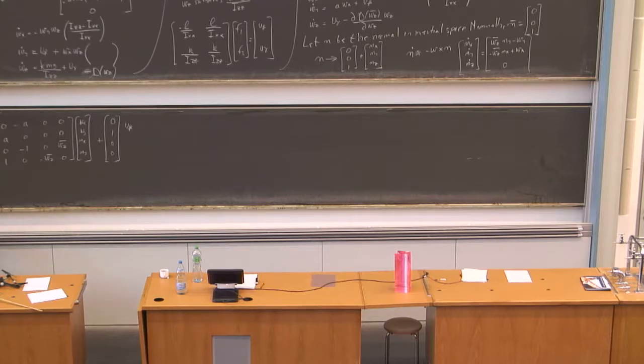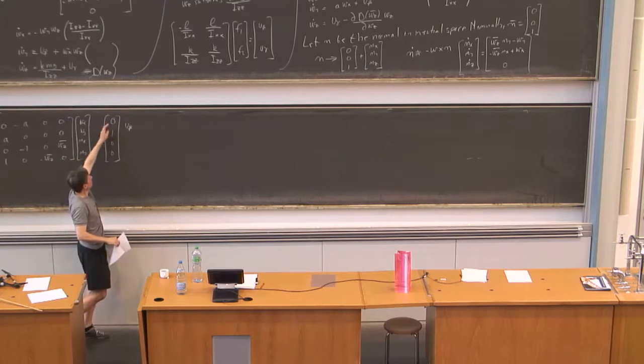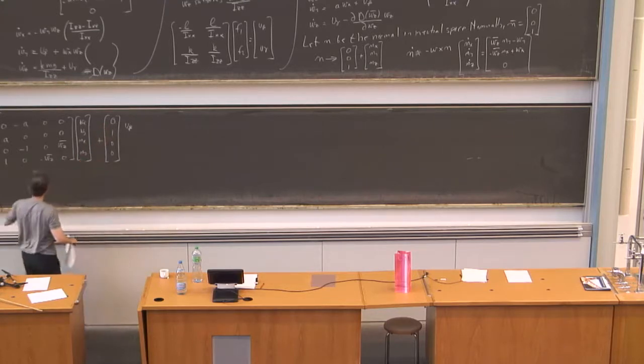Is this controllable? Okay, so we build the controllability matrix, CAB. In this case, it's a square matrix, right? Because B has only one column, therefore CAB is square.